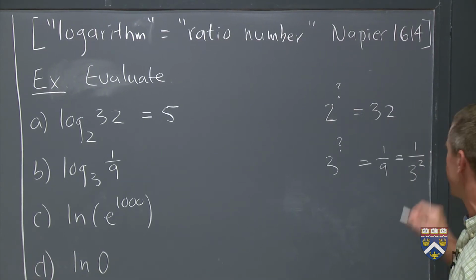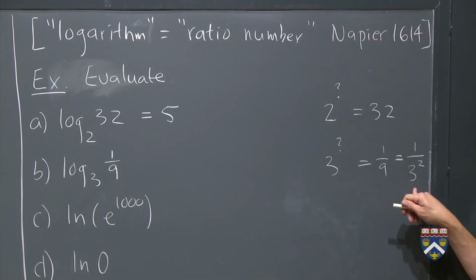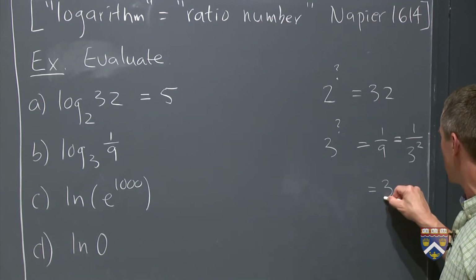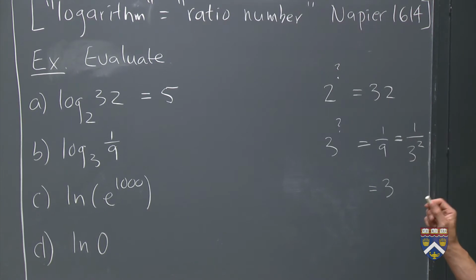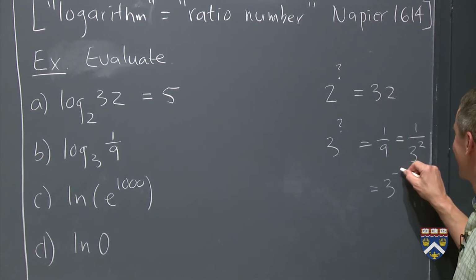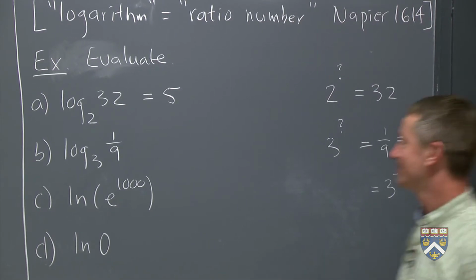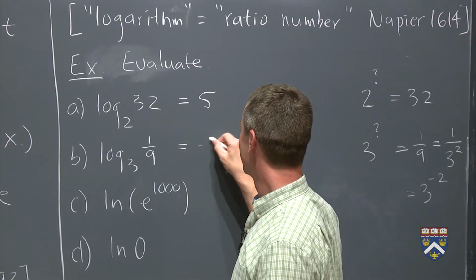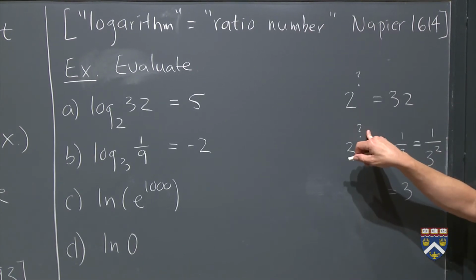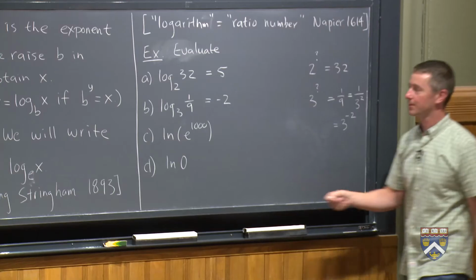So this is like saying 1 over 3 squared. But another way to write that is as 3 to the negative 2, by our second exponent rule, or maybe our fifth exponent rule, from last week. So this equals negative 2, because if I raise 3 to the negative 2, I get 1/9, like I'm supposed to get here.